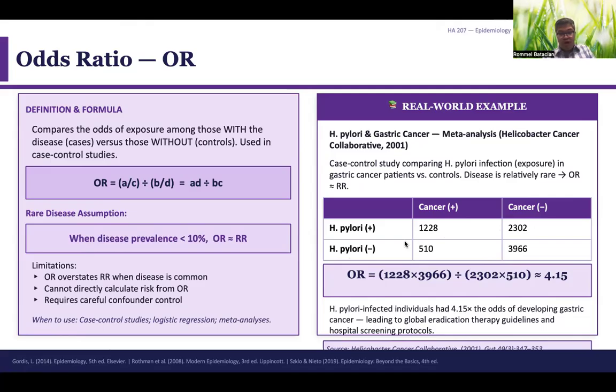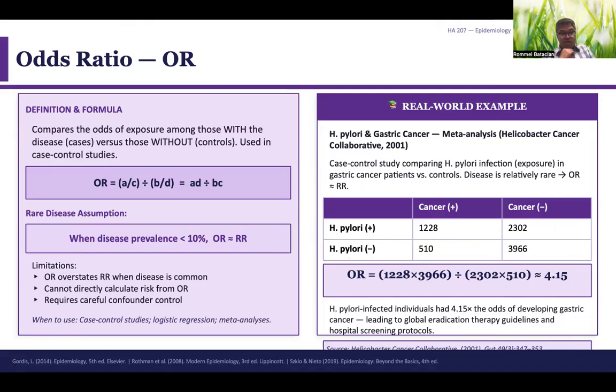If you would compute the odds ratio again, A times D, so 1228 times 3,966 divided by B 2,302 times 510 C. So the quotient is 4.15.